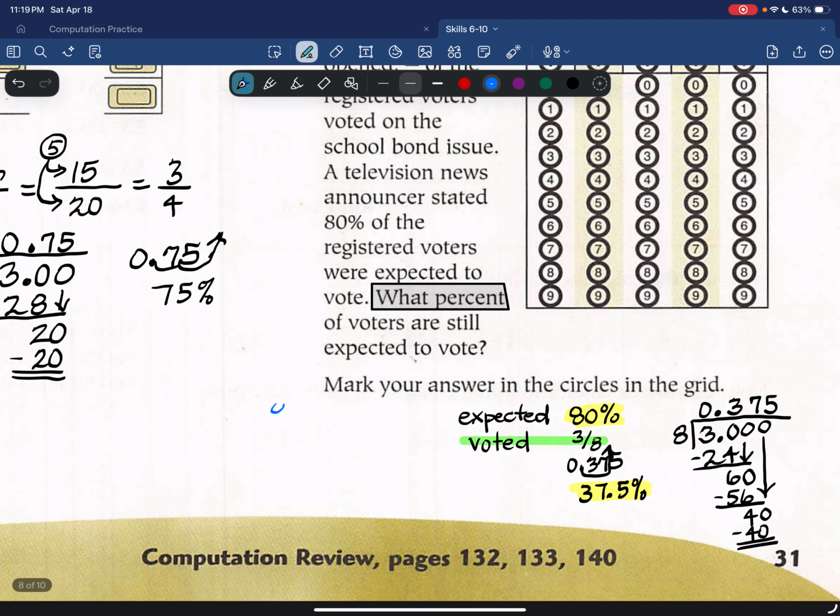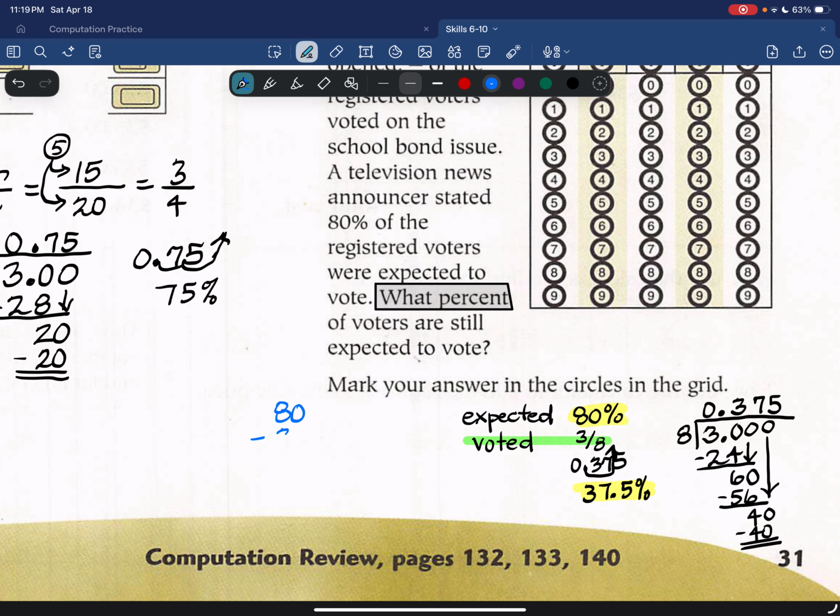So I'm going to say 80 minus 37.5. So I'll borrow from the 8, give to the 10. Borrow from that one, give to this one.